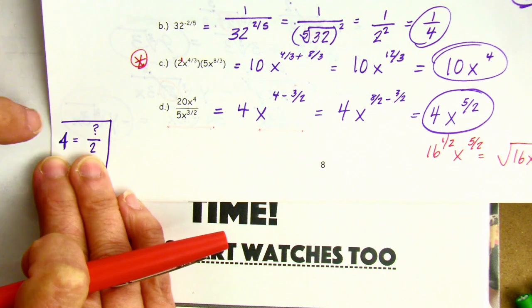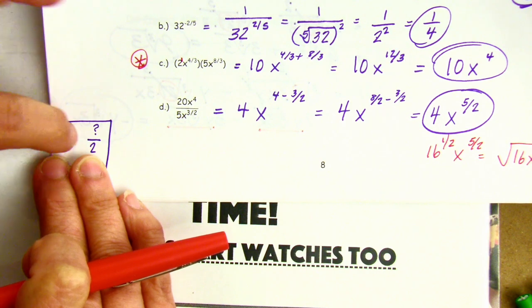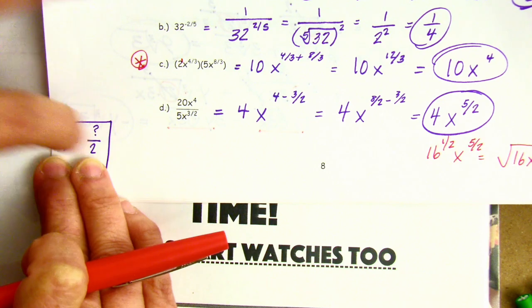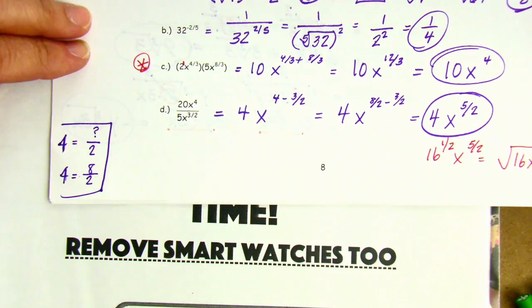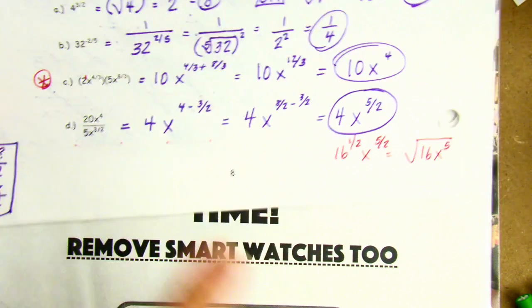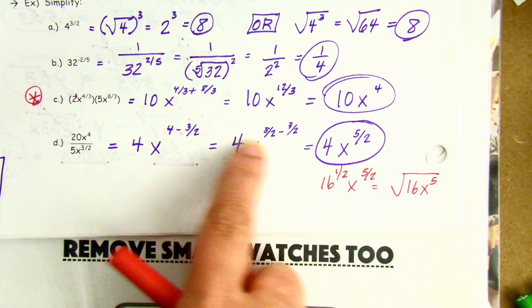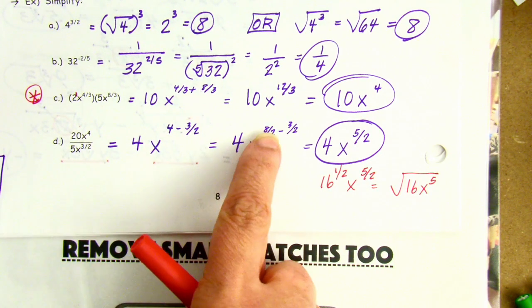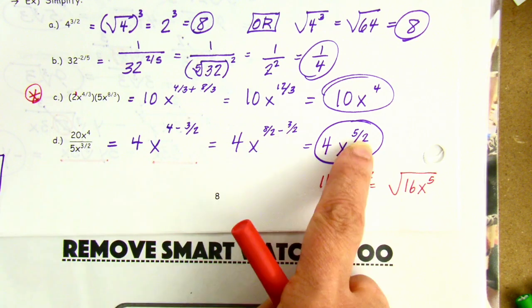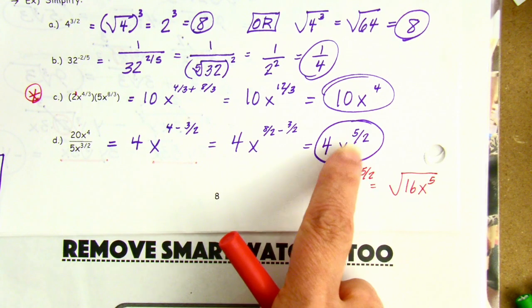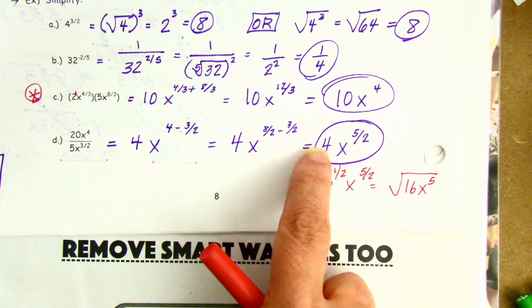If you set it up like that, or at least think about it like that, 4 is how many halves? These two numbers that you say, you just multiply them. 4 is equal to 8 halves. So I can replace this 4 with 8 halves. Now I've got 8 halves, subtract 3 halves, and that's 5 halves. And remember, again, that is the exponent on x, not on the 4.